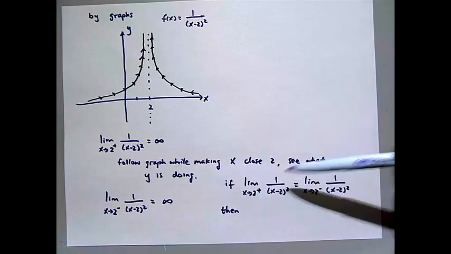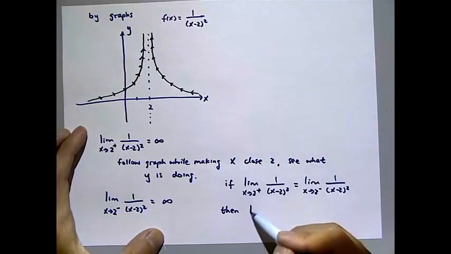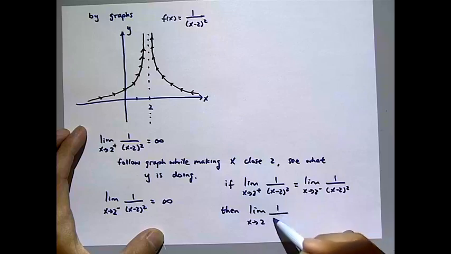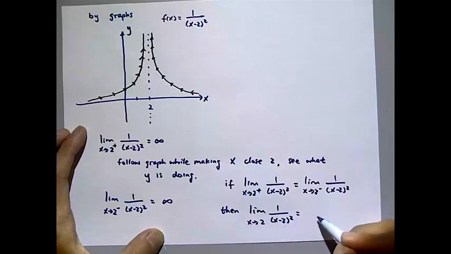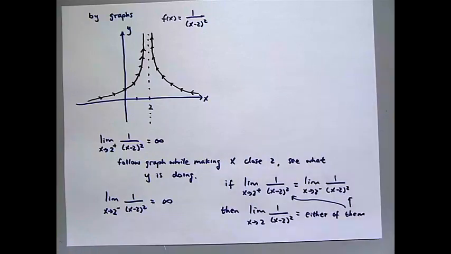If these two are the same, then whatever they're getting to would also be the regular limit, the regular limit with no superscript. They're the same thing, so whatever they're trying to get to, that would also become the regular limit.